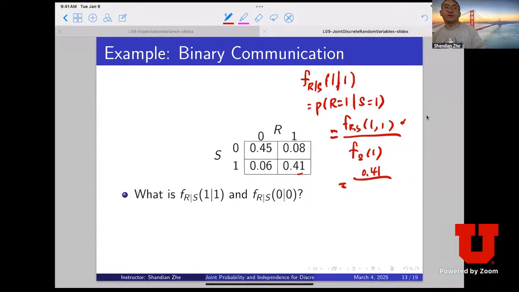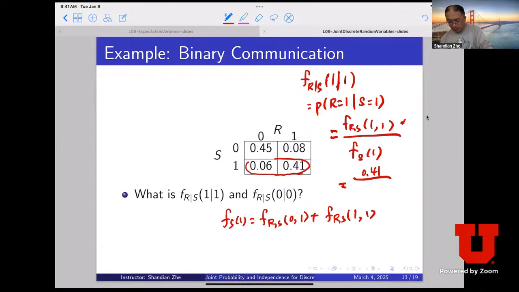Yeah, that's how we compute the marginal probability, right? The marginal density function is the summation of the joint density across R, right? So R is 0 when S is 1 plus R is 1 when S is 1, which technically you just sum over the second row, right?